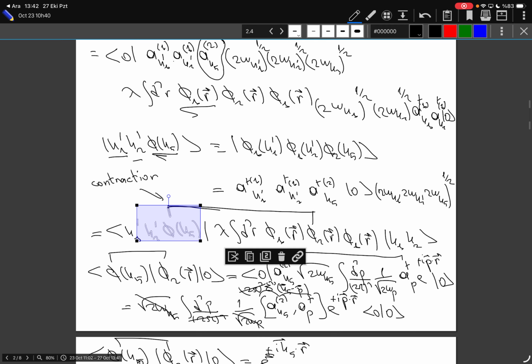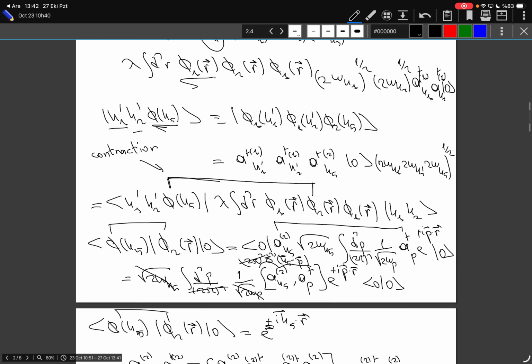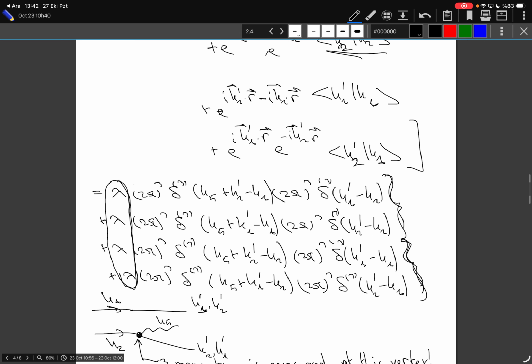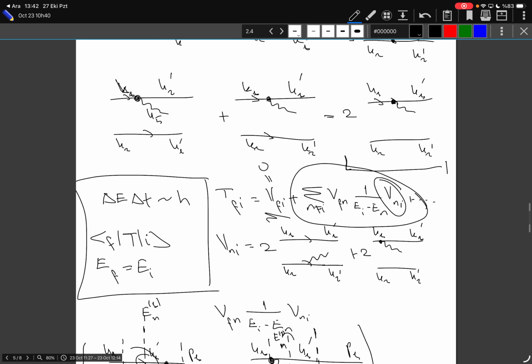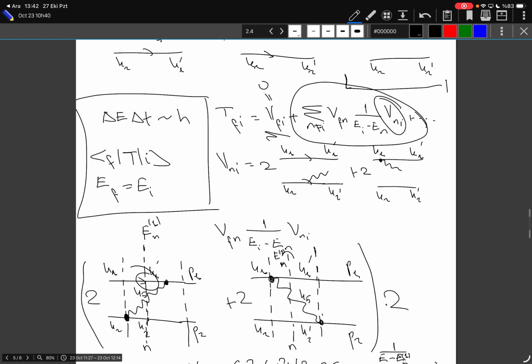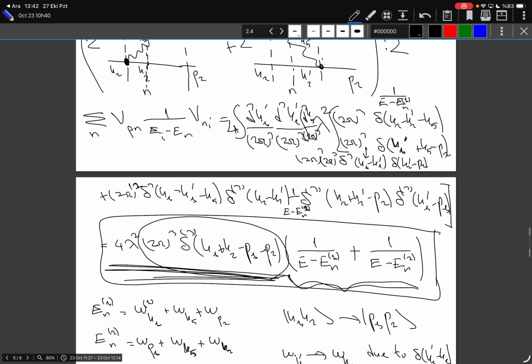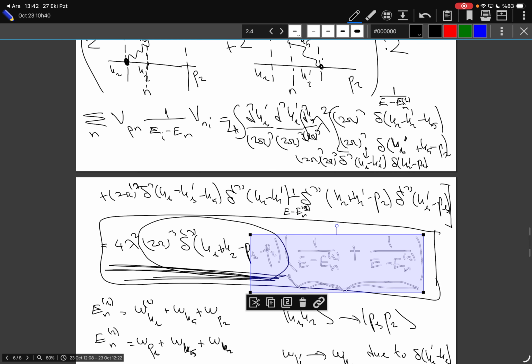This is basically a shorthand notation. And then when we did all these computations, we had two contributions, because in each one of these cases, either one of them emits the second kind of particle, or the other particle emits the second kind of particle.